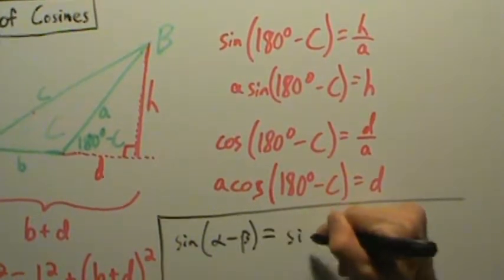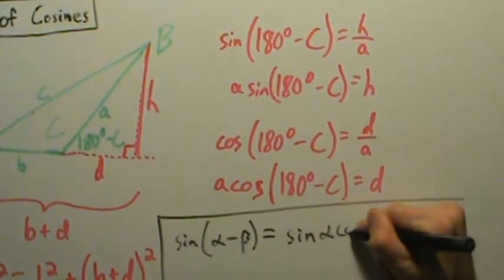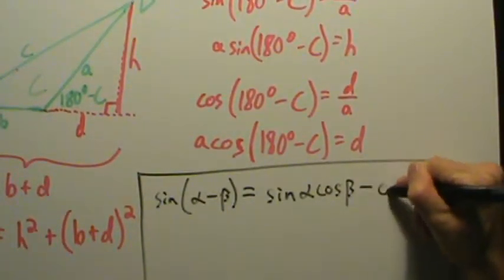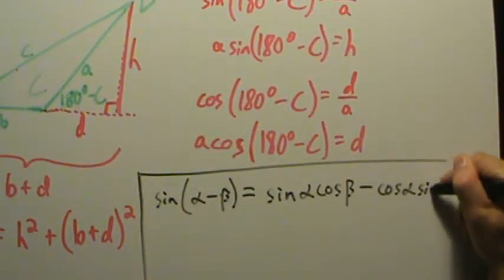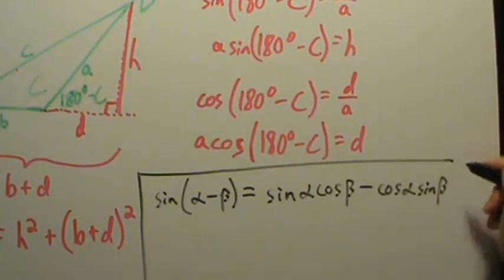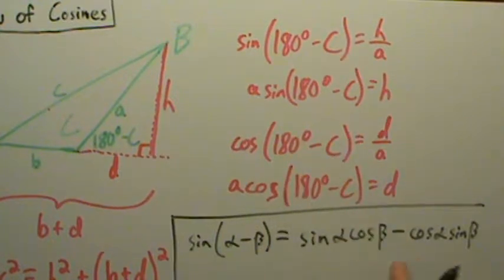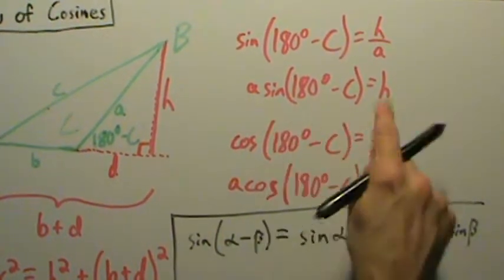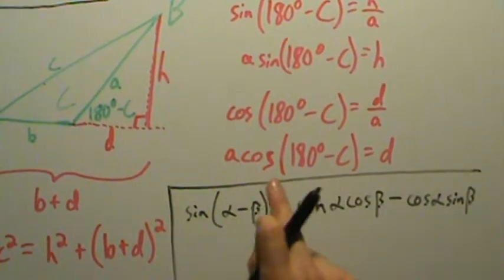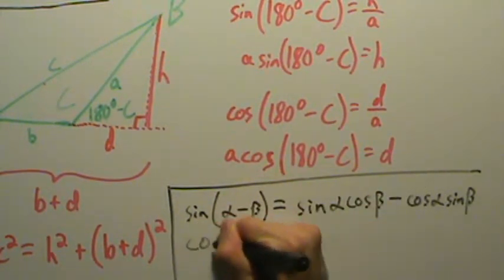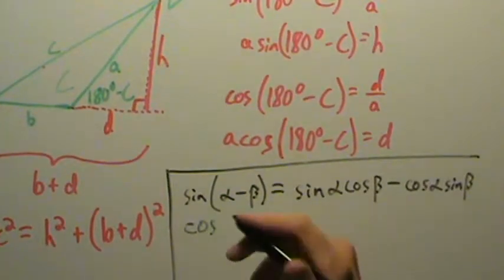That's going to be sine of alpha cosine of beta minus cosine of alpha sine of beta. Okay? And we're going to use this trig identity from way back when to simplify this. And also, cosine of this mess minus that mess, we're going to use the trig identity to simplify. So we talked about these trig identities several videos ago.